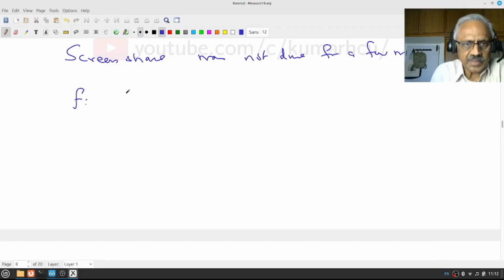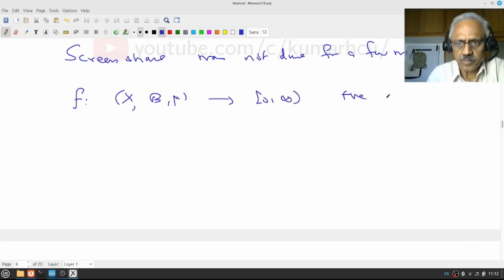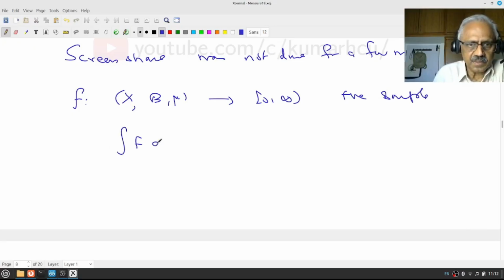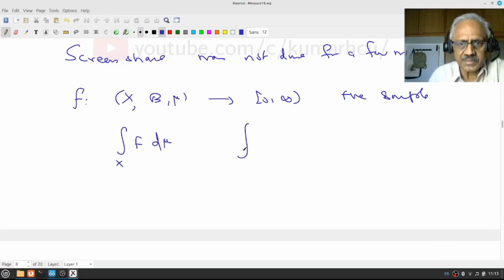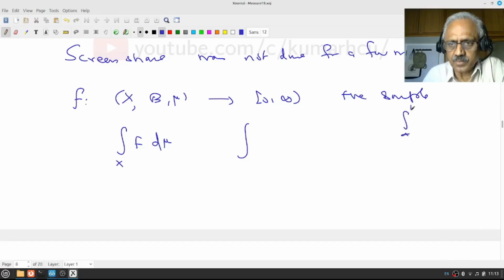So let us assume that X, μ is again a measure space and f maps X to [0, ∞), a positive simple function. Okay, and this is the integral of f over X. Sometimes one also writes this with the variable, because in Riemann integral in calculus we wrote integral a to b of f(x) dx, right?